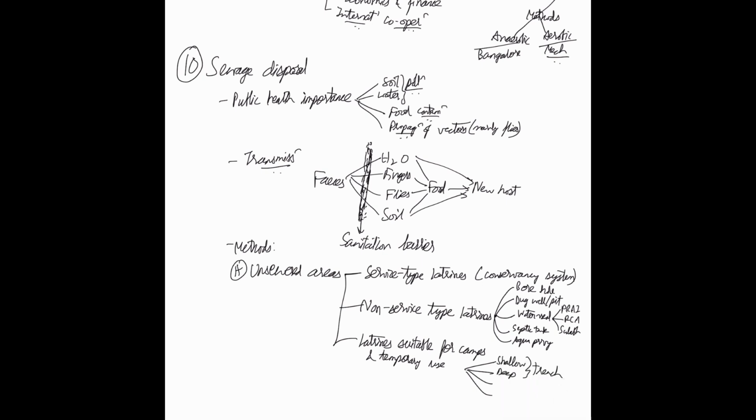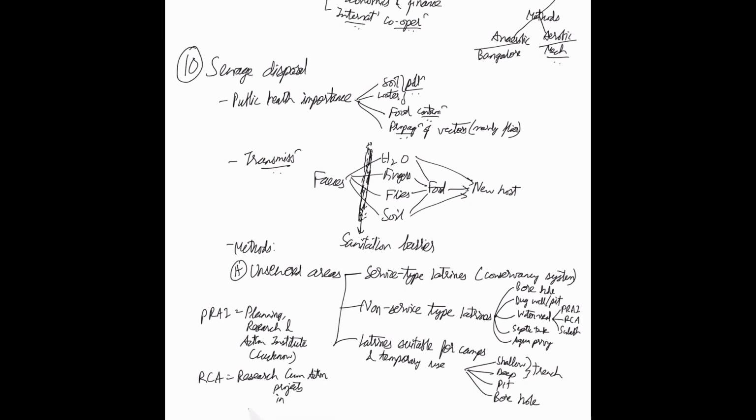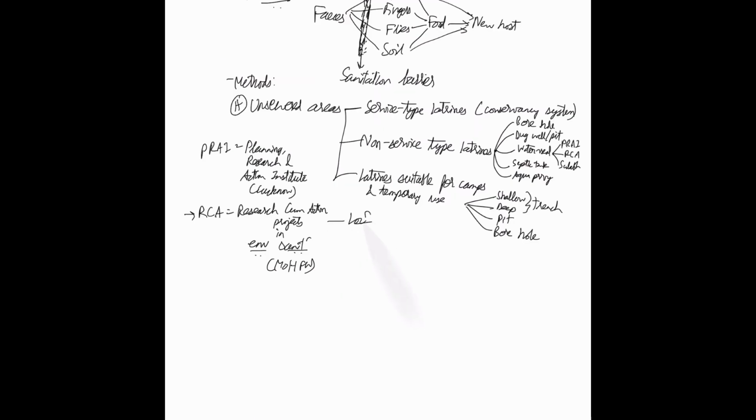Then septic tanks and aqua privies. For latrines suitable for camps and temporary use, we have shallow trench, deep trench, pits, and boreholes. So what is PRAI? PRAI is the Planning, Research and Action Institute in Lucknow, and RCA is Research cum Action Projects in Environmental Sanitation, which is under the Ministry of Health and Family Welfare.